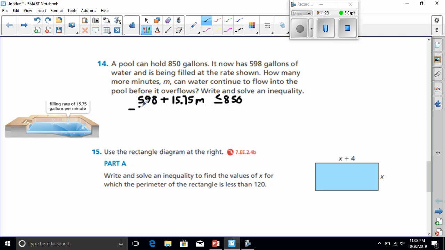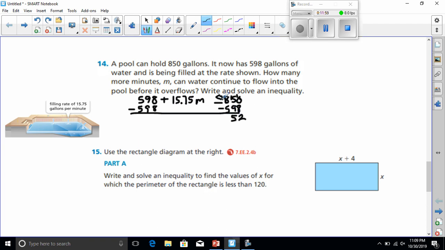We're going to subtract 598 from both sides. And when I do, that's going to leave me with 2, because I'm borrowing 1, which means I had to borrow 1 from here. Borrowing 1 will make this 14. So 14 minus 9 is 5.